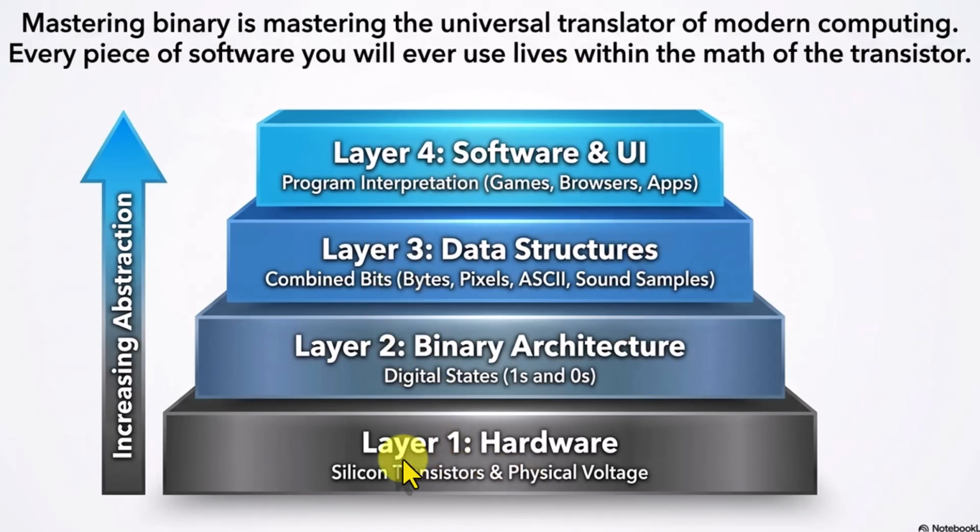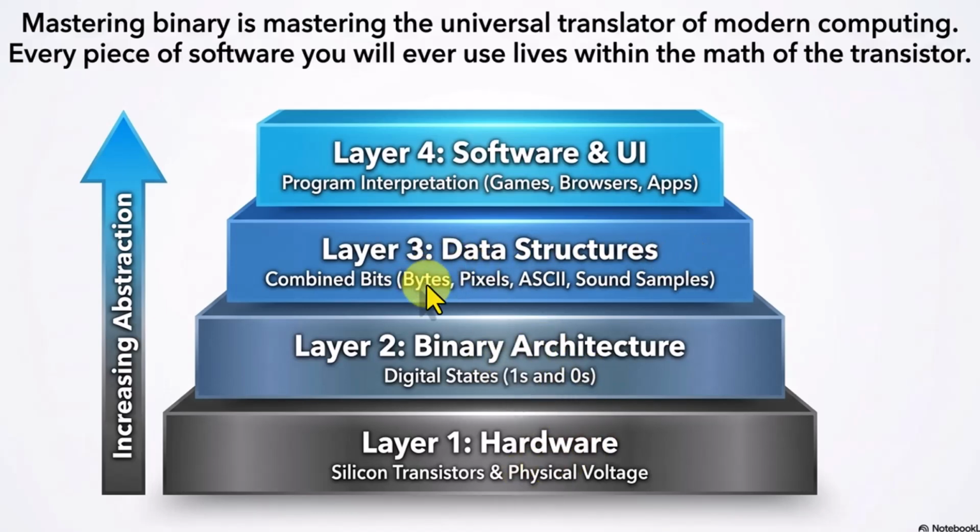Layer 1 is hardware, silicon transistors and physical voltage. That is our hardware. Then binary architecture that works with zeros and ones, digital states. We change transmitting current or not transmitting into ones and zeros. That is a simple level of abstraction.